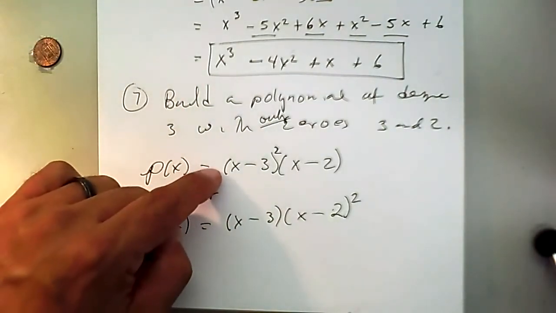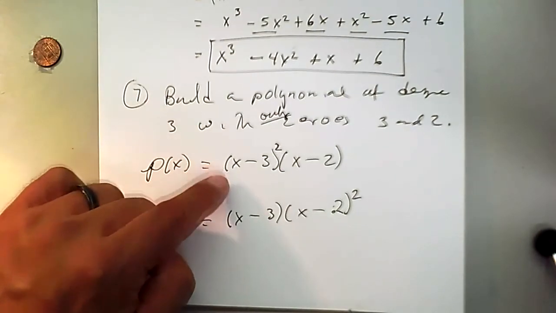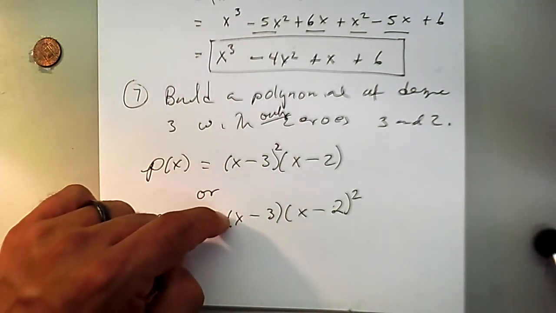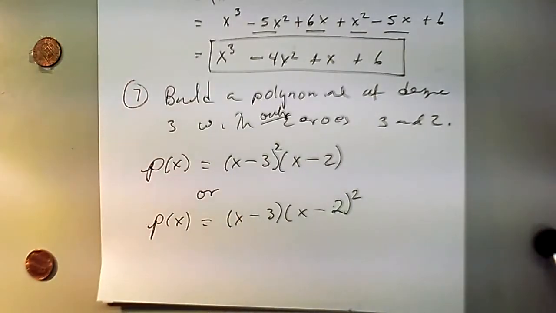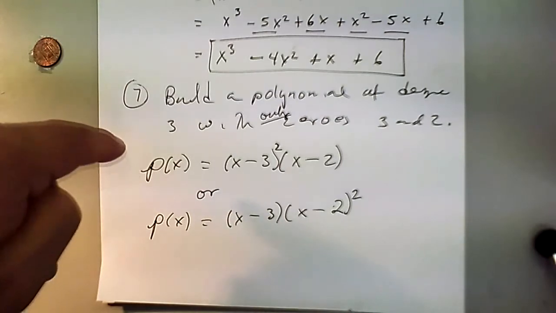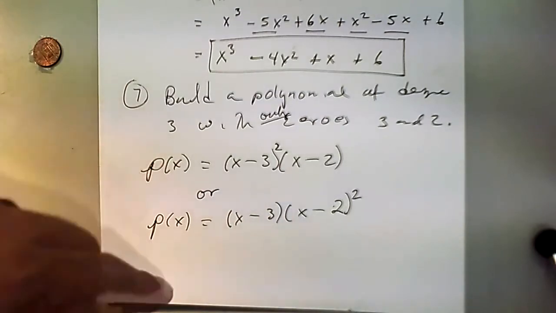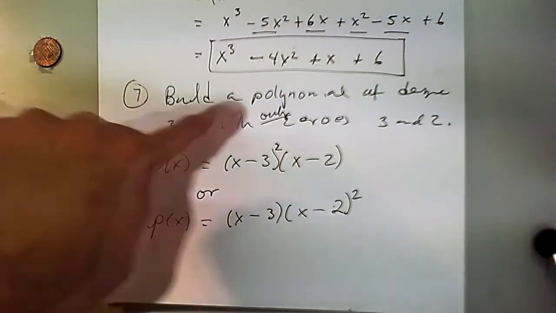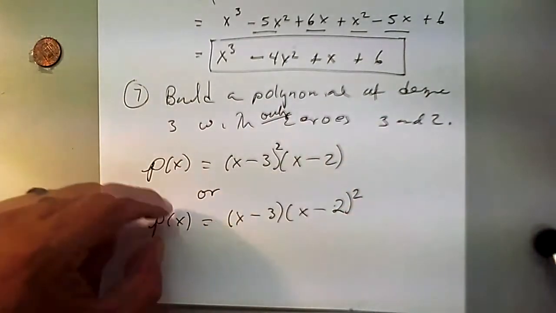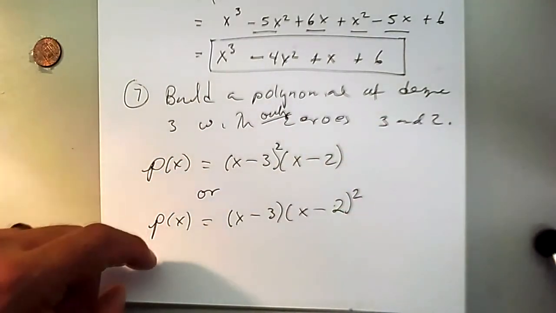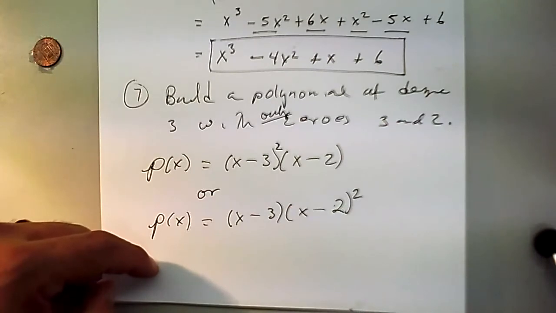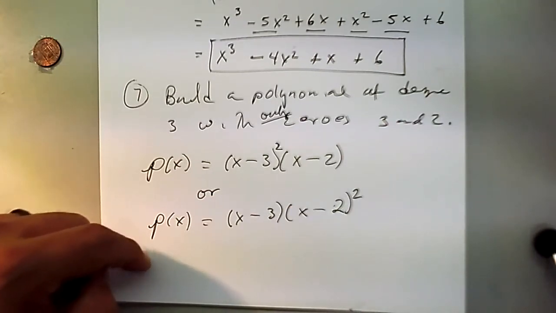So if half of my students do this and the other half of my students do that, they're both going to be correct. The way I would probably ask the question, if I was to ask this question on a multiple choice problem, is which one is not a polynomial of degree 3 that has only those 2? So I would probably put those 2 down, and then maybe a third one that is not going to work.